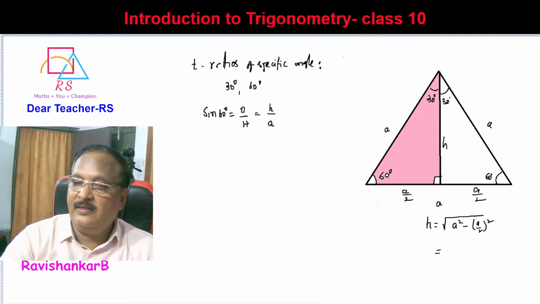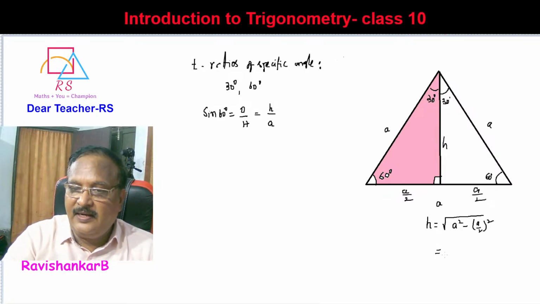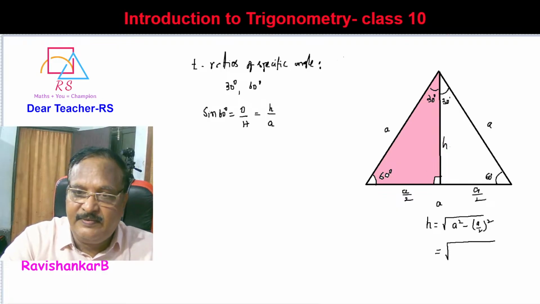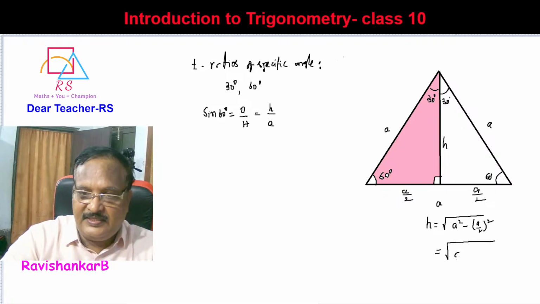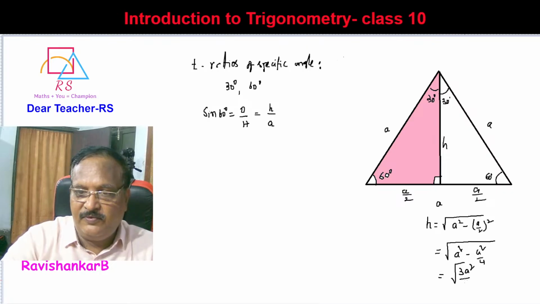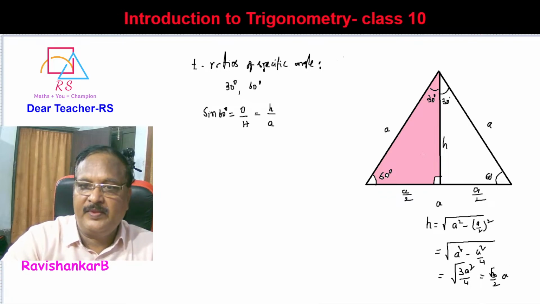Here h is given, but this h is not the hypotenuse, it is a side. So a square minus a square by 4, which is equal to root 3a square by 4, is equal to root 3 by 2a. So this h is equal to root 3 by 2a.